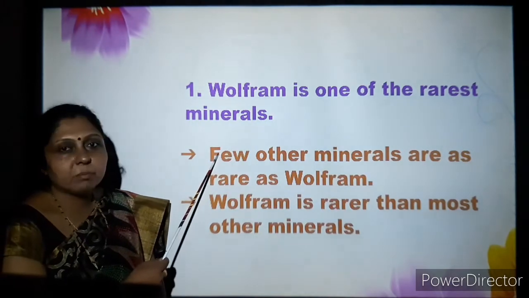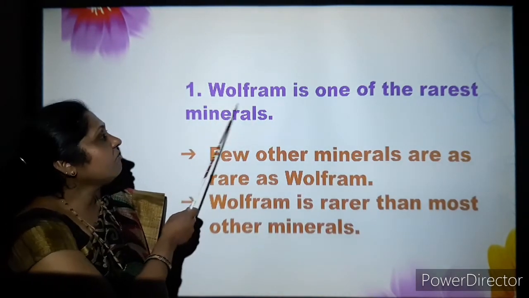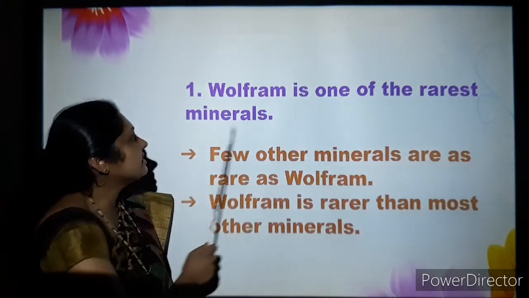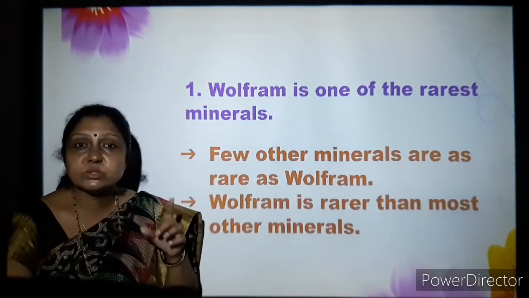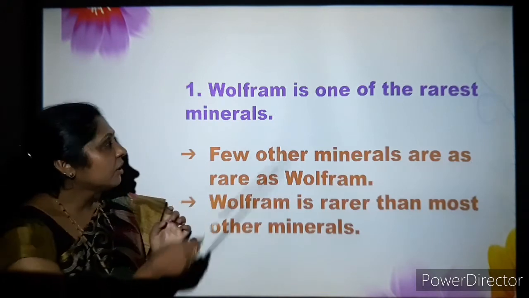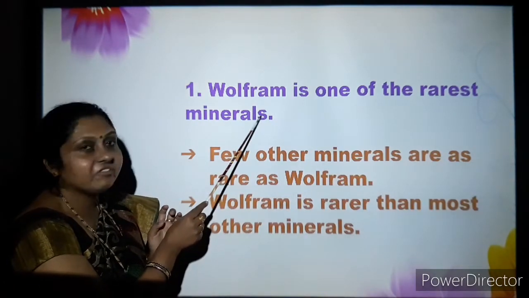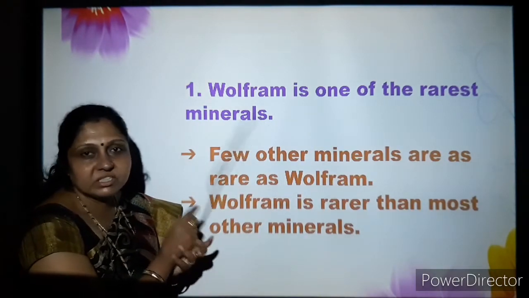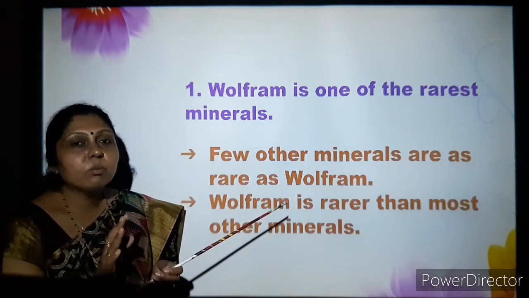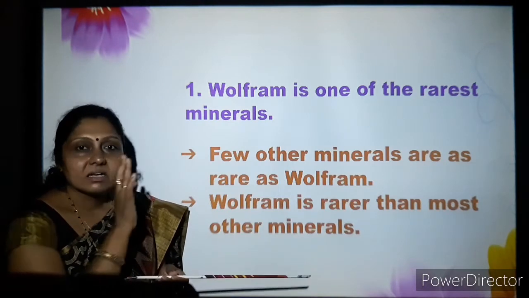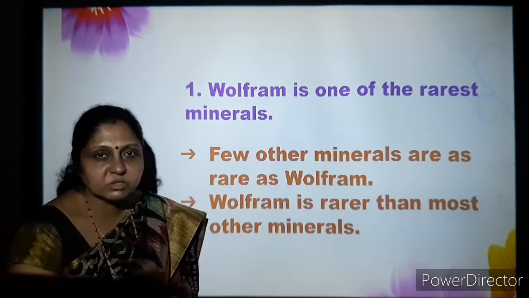See, first example: the wolfram is one of the rarest minerals. First of all, from your exam point of view, you should be in a position to identify which degree is used here, because the question will always be to change the sentence into the other two forms of the degree.